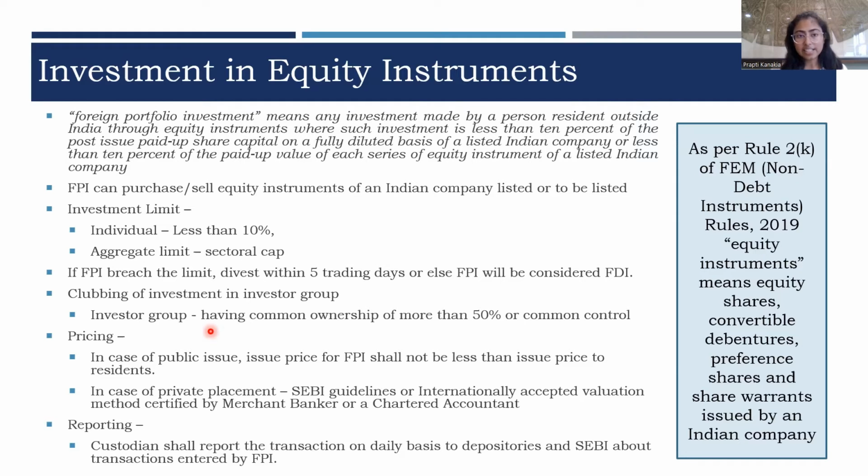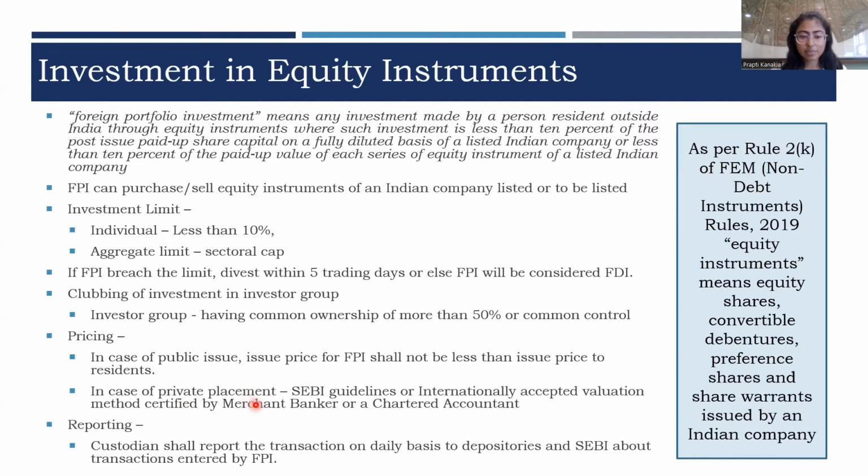Now, another criterion mentioned in the NDI rules relates to pricing. At what price should the instruments be issued to the FPIs? If the company is coming up with a public issue for equity instruments, the price at which instruments are issued to FPIs should not be less than the price at which the equity instruments are issued to an Indian resident.